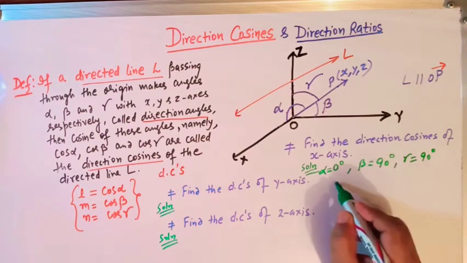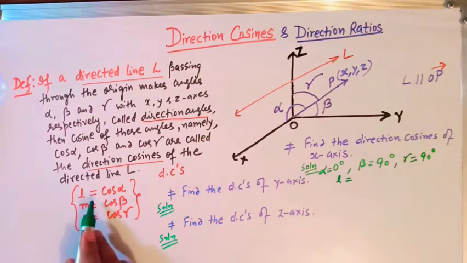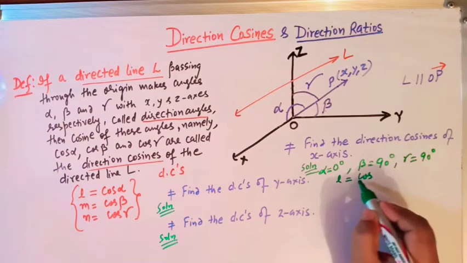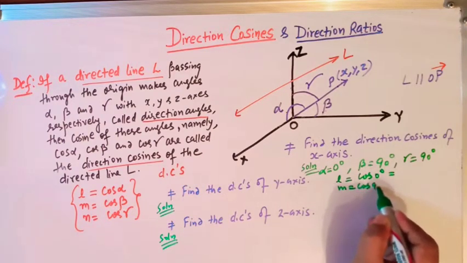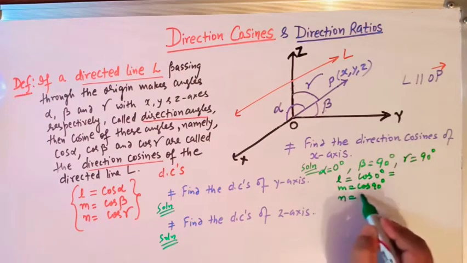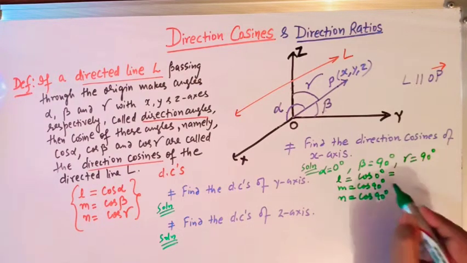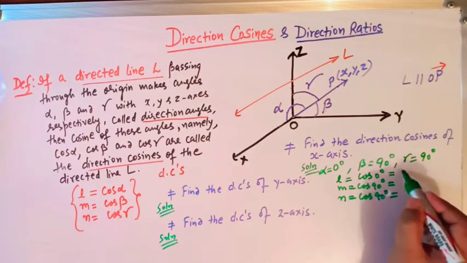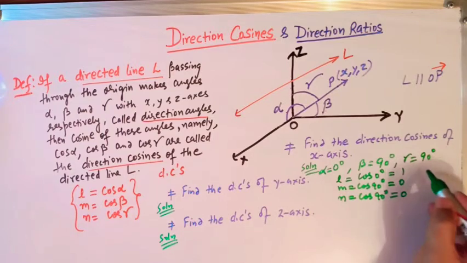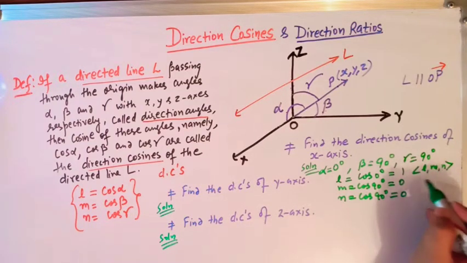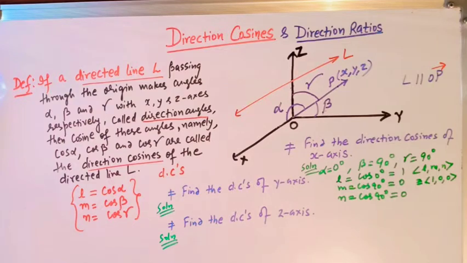So the direction cosines are l is equal to cos 0, m is equal to cos 90 degree, and n is equal to cos 90 degree, right? So cos 0 is 1, cos 90 is 0, cos 90 is 0. So the direction cosines of the x-axis are 1, 0 and 0, right?